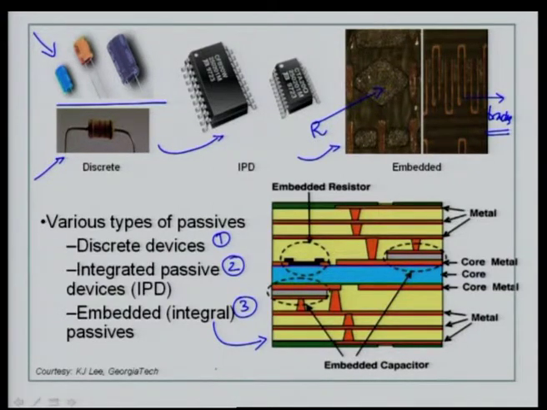This is similar to your system on package configuration, and you can see there is a core printed wiring board, and then you can see the multi layers and connected by micro vias. Okay.